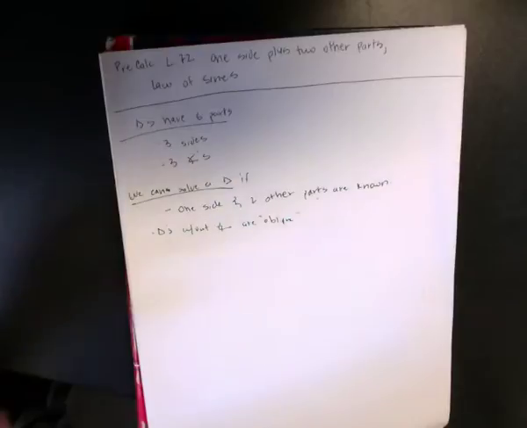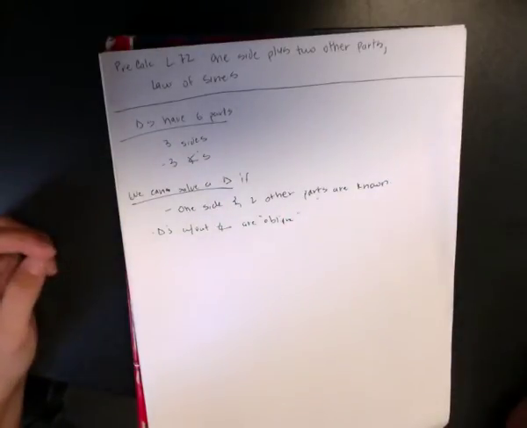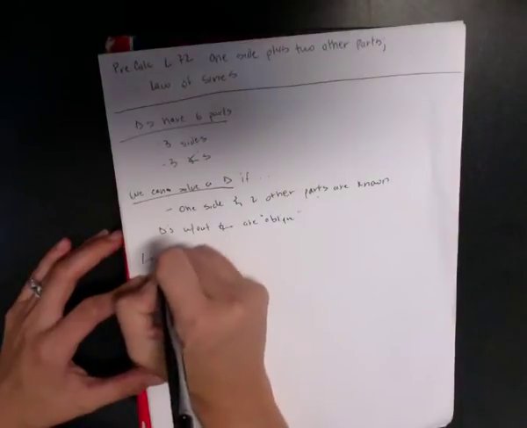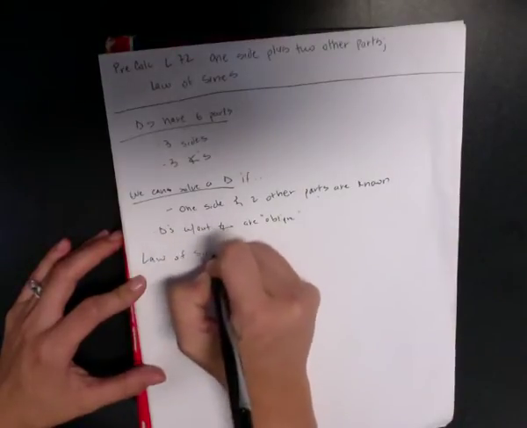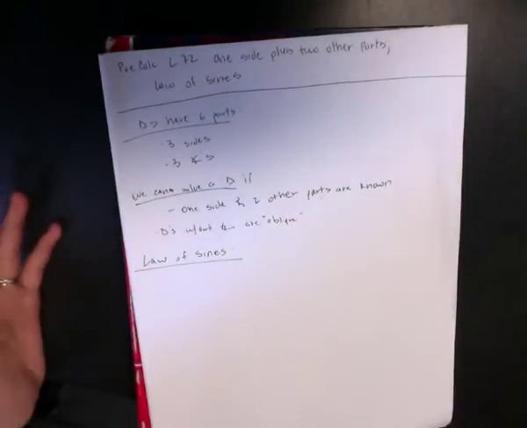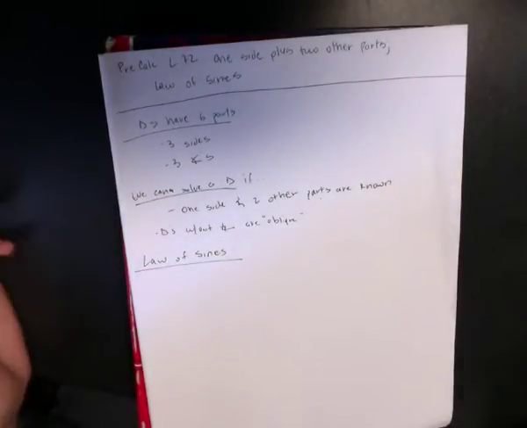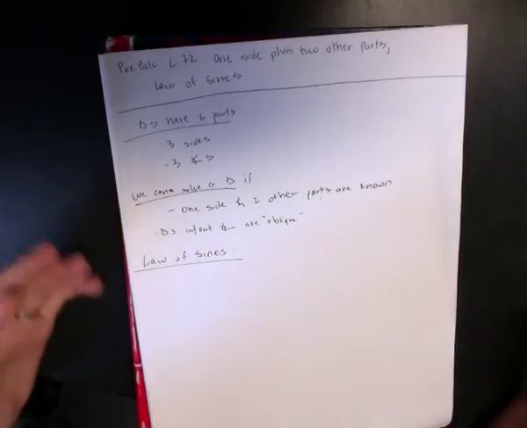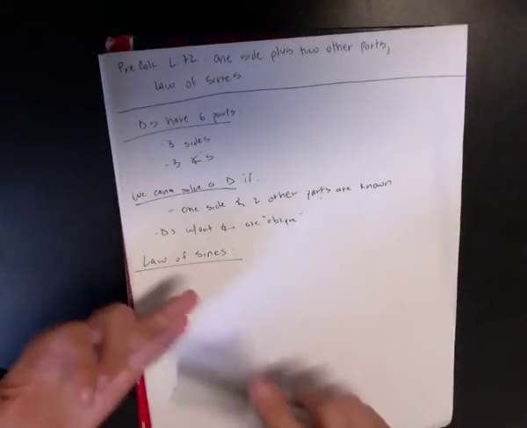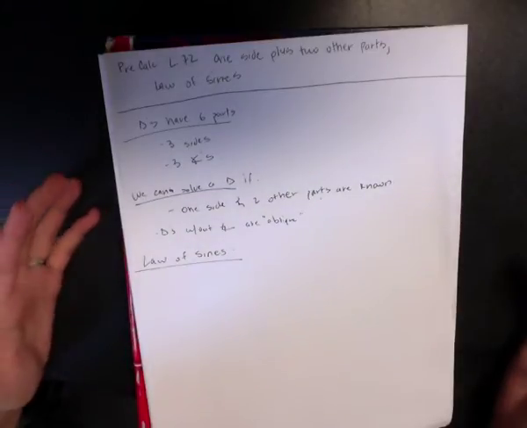And this information is what we will use to figure out our law of sines. Our law of sines is a fantastic thing because it helps us solve triangles. We have lots of different ways to solve triangles: Pythagorean theorem, similar triangles. These are all different ways that we have used.